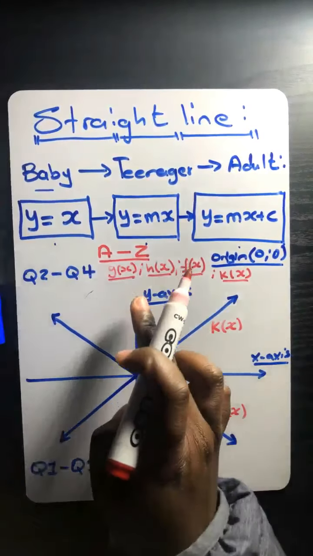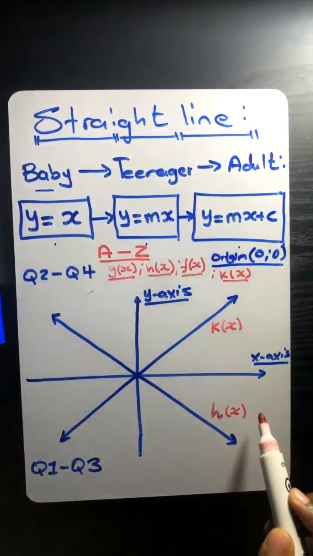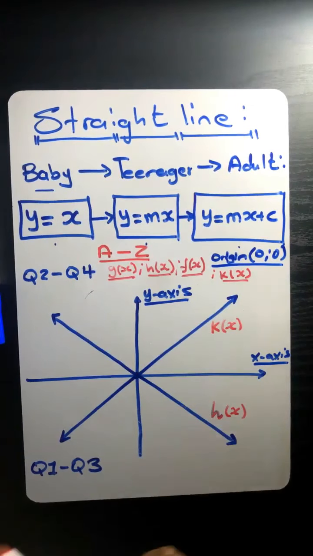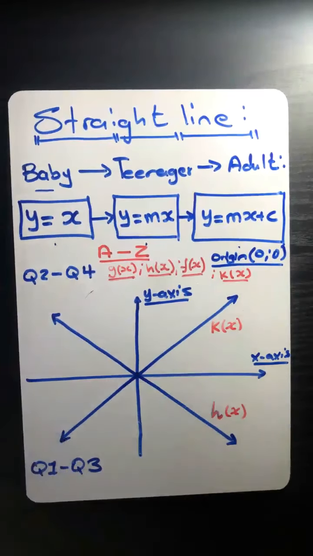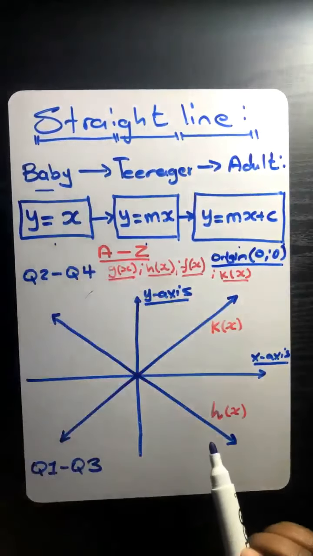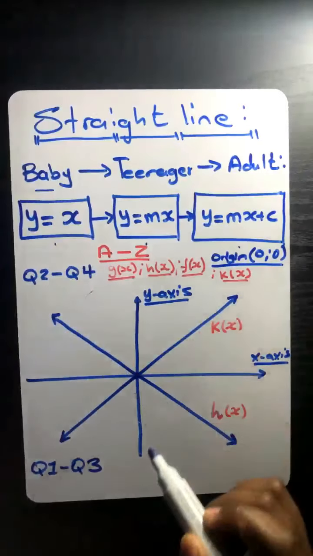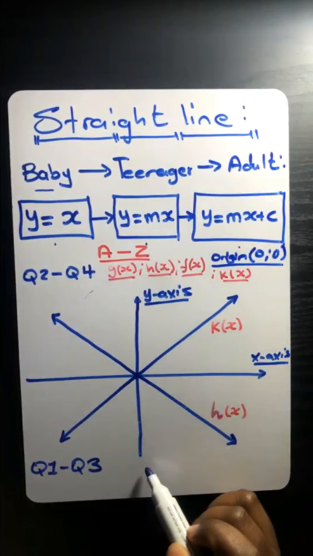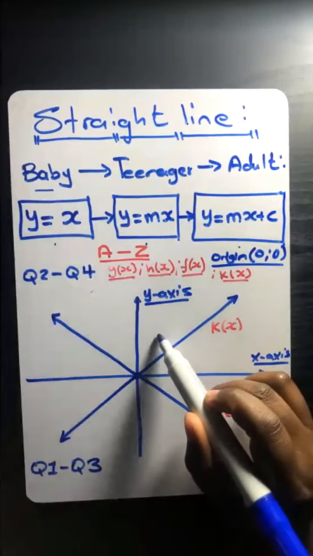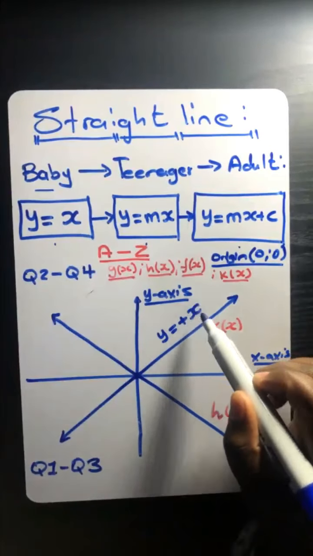Just like that vertical line is called the y-axis, that horizontal line is called the x-axis. Very, very much important, ladies and gentlemen. So now remember, I've just explained that we look at that function at the baby stage. It's just a straight line. It doesn't matter at what angle. But what matters the most is that for that function, it has got a positive x value there.